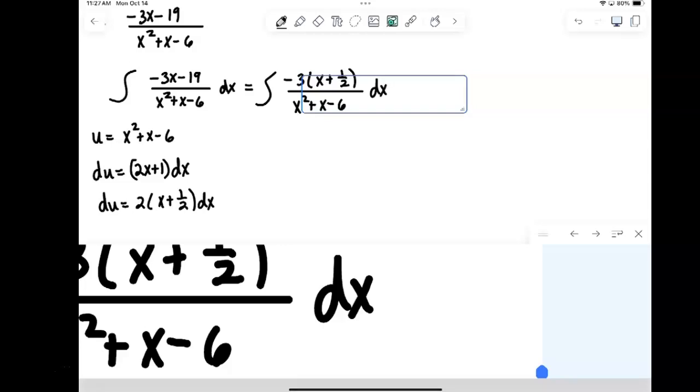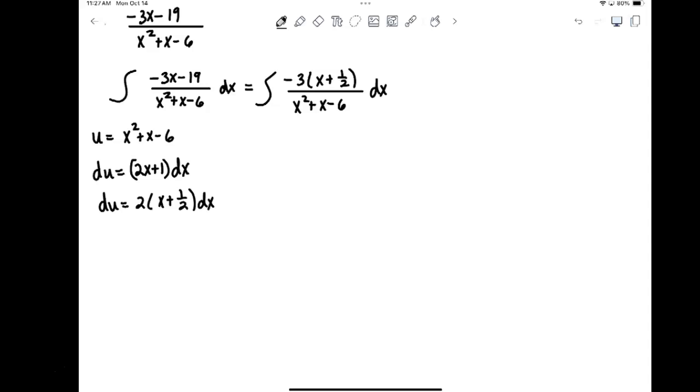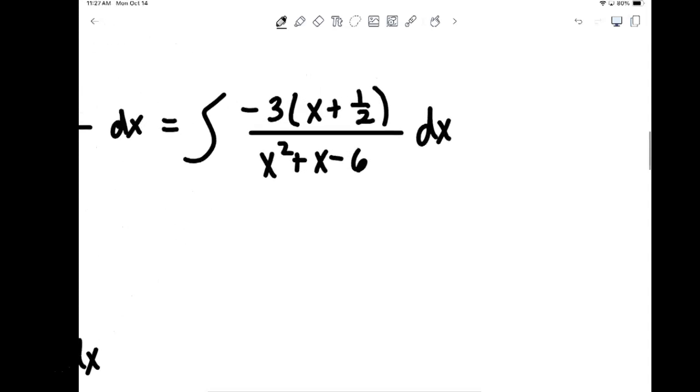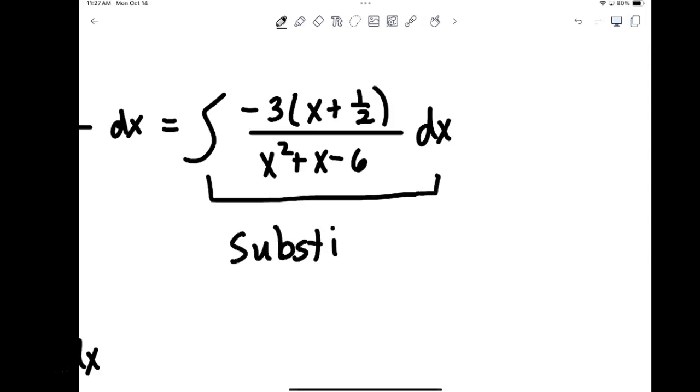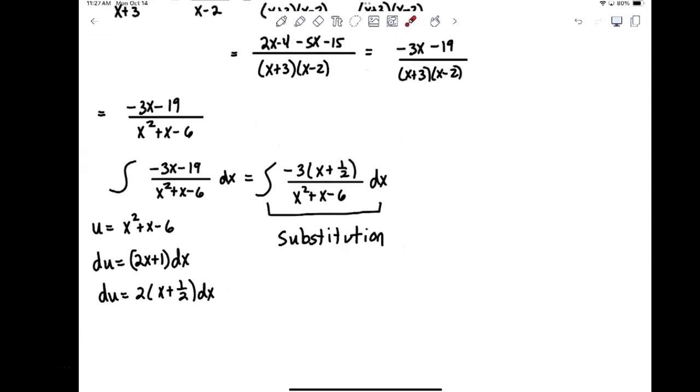Then I can do this integral here with straight substitution. But minus 3 times x plus 1/2 is not what that numerator was. So I'm putting that there because that's what I need to have there. But I can't just do that because I want to, right? I have to adjust for it.